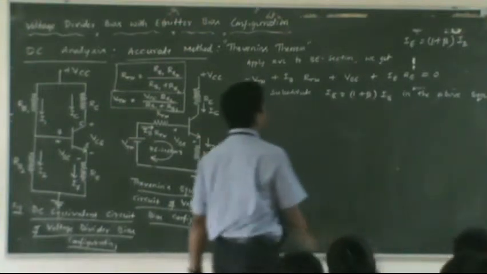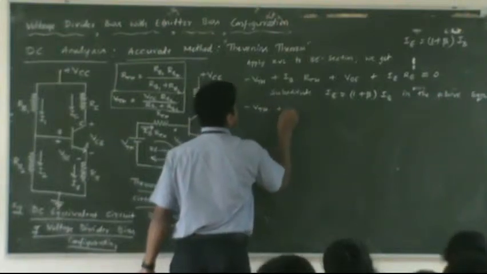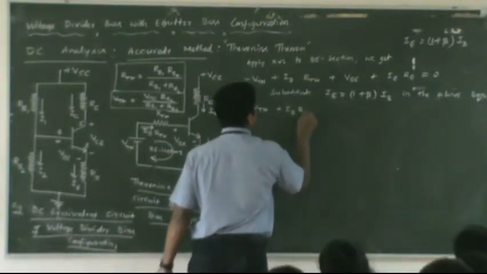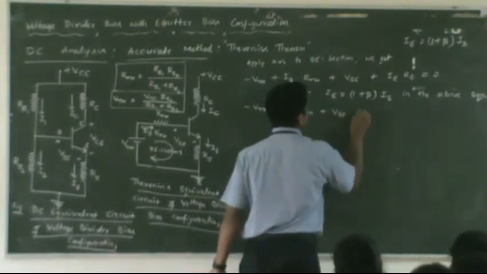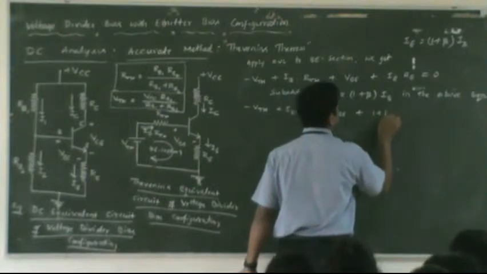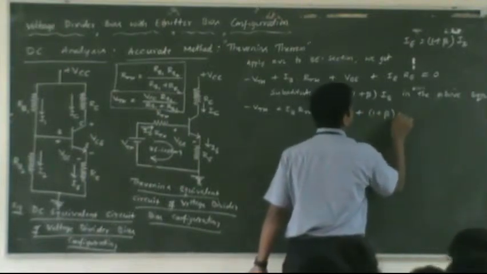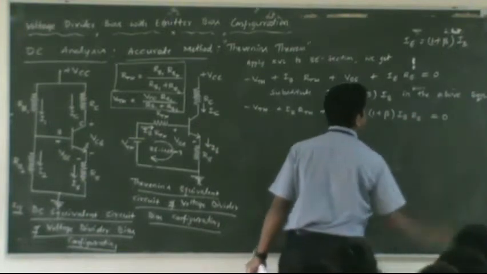What will be the resulting equation? Minus VThevenin plus IB times RThevenin plus VBE, the base emitter voltage, plus instead of IE we have 1 plus beta times IB times RE, which is equal to 0.